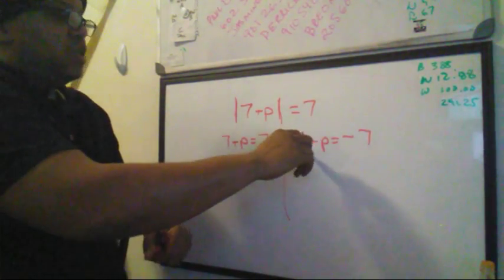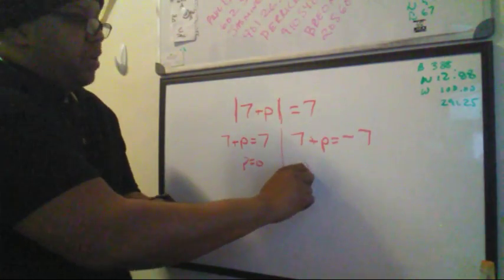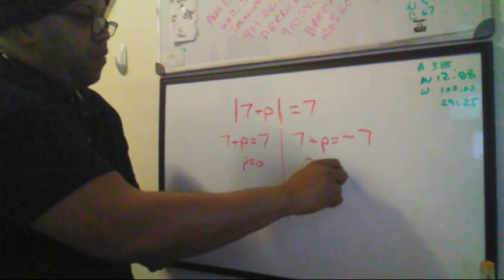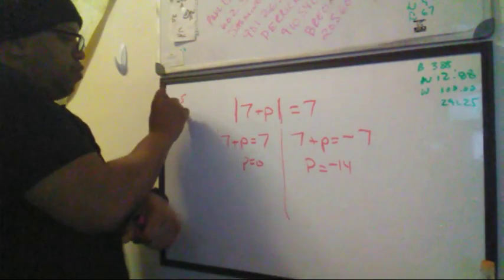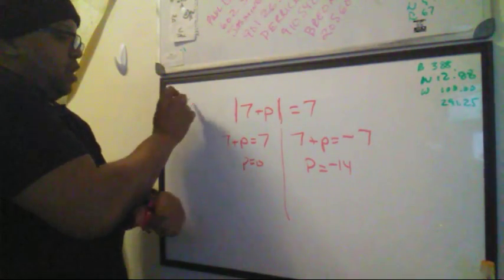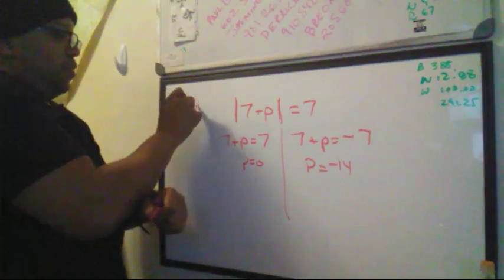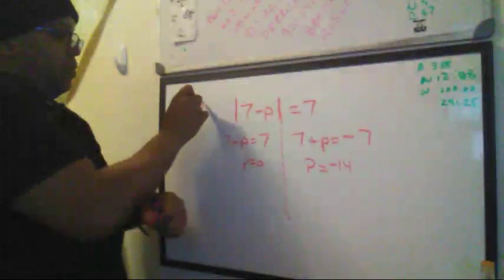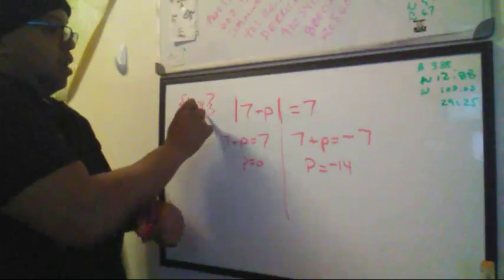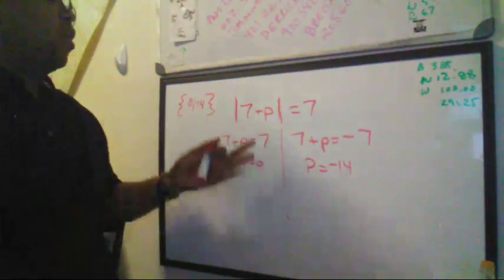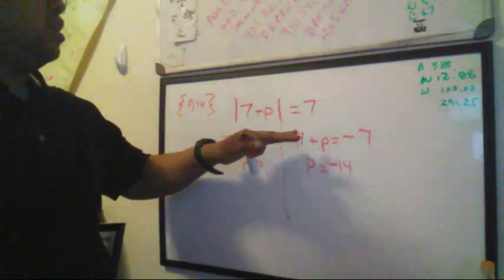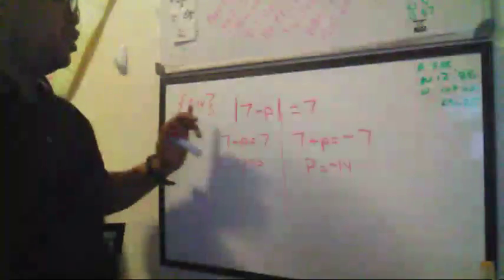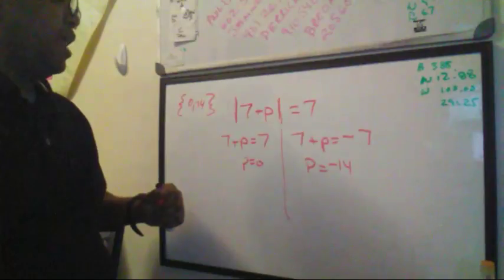And if 7 goes to the other side of that, and it becomes negative, P will be negative 14. So the solution set, those little braces that we use, is 0 and negative 14. That is a solution set. So there are actually two answers when we solve for P.